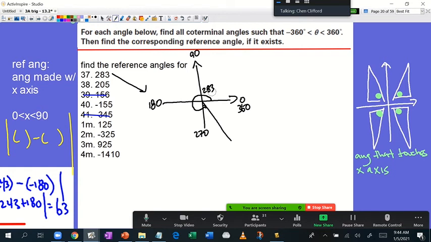So now, this is how I want you to think about it. First of all, remember, this is the first quadrant.